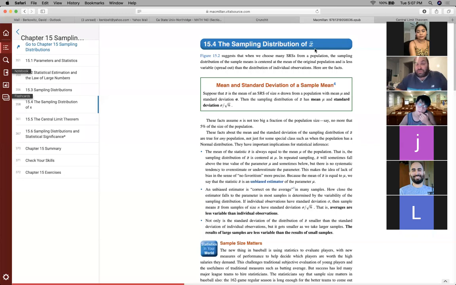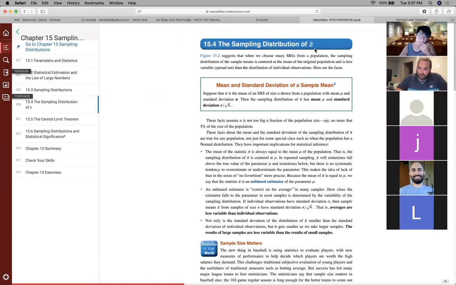The mean is going to stay the same. It's going to be mu, and then the standard deviation is, I think it's sigma, you said, right? Well, the original one was sigma. Divided by the square root of n. That's it. It's right there in the box.